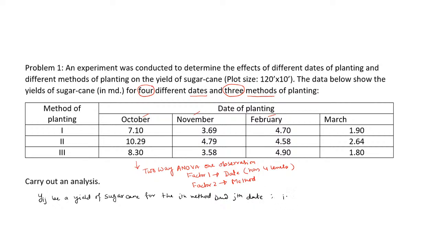And i equal to 1, 2, 3 because there are 3 methods, and j equal to 1 to 4. 1 for October, 2 for November, 3 for February, 4 for March. So that Yij is the yield of sugarcane for the ith method and jth date.